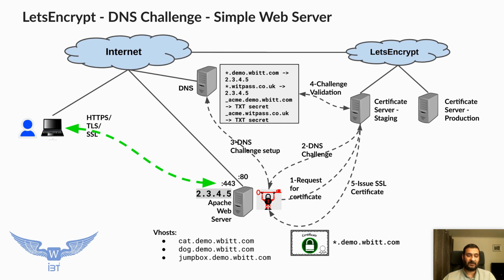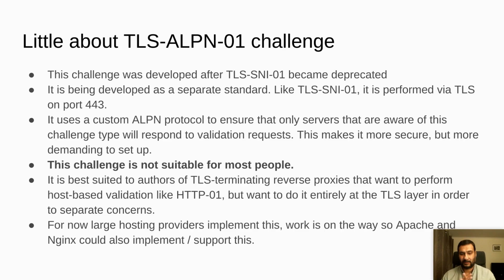Now when everything is in order and you see everything is working correctly, you talk to the production certificate server instead of staging and go through the same steps, and then you will have a production certificate which will be trusted by the browsers. So this was how HTTP and DNS challenges work for LetsEncrypt.